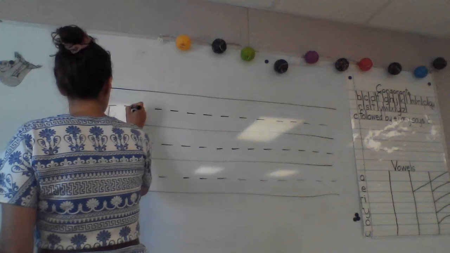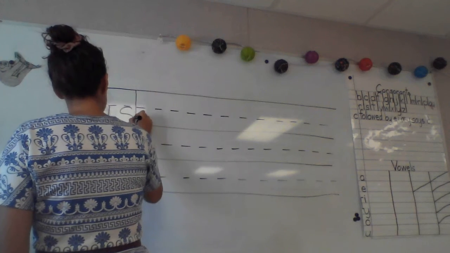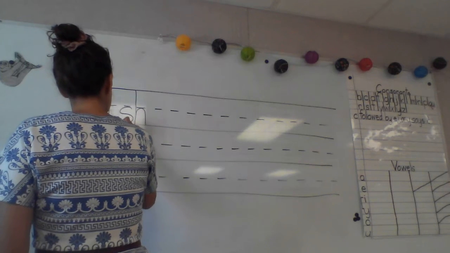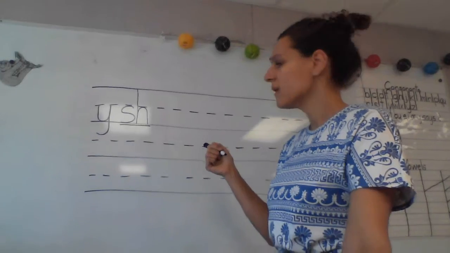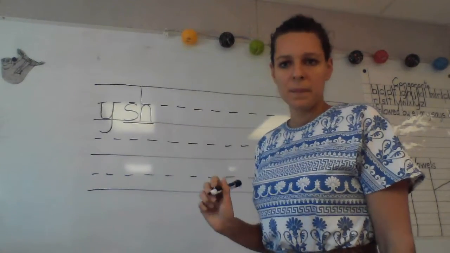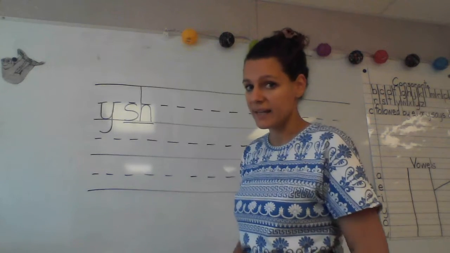All right, this is our sh. Make sure your sh looks like mine. And if you didn't have this, write it 3 times and say it while you write it.